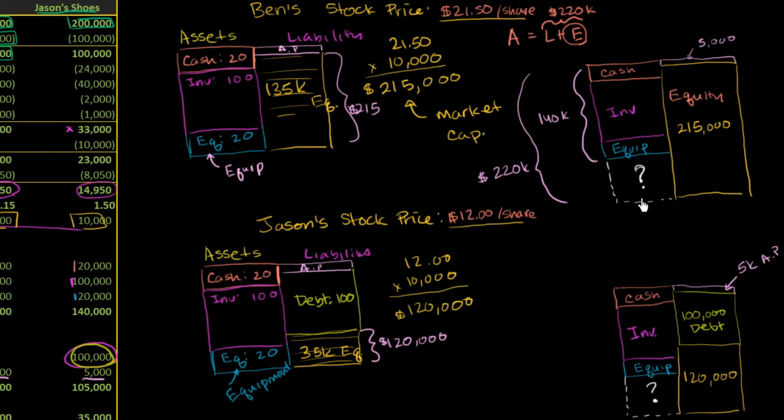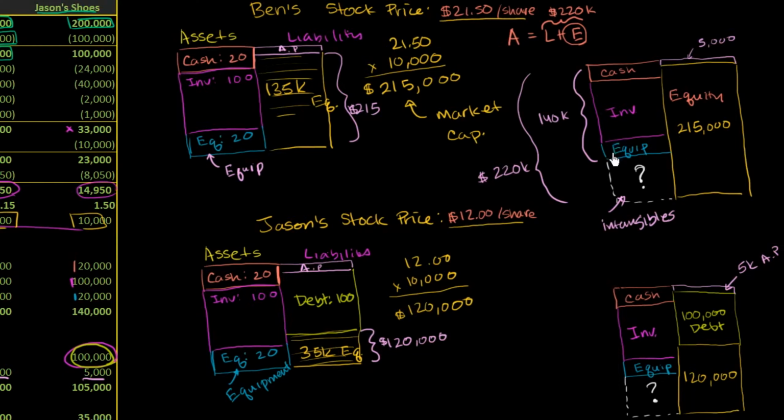What the market's saying in this situation, and this is actually what tends to happen, is that the market value of a company's equity, in general, tends to be higher than the book value. The market is saying that this company has some type of intangibles, things that you really can't put a finger on or touch or hold, but that make this company worth more than just the sum of its parts.